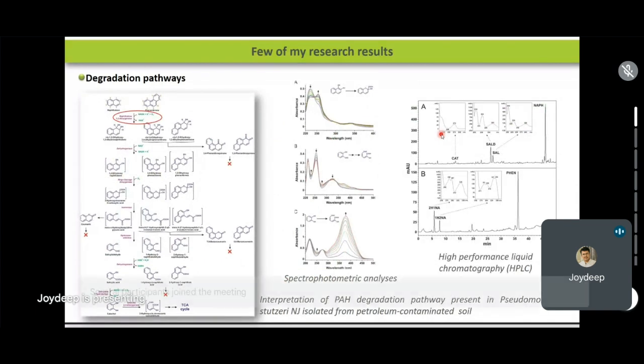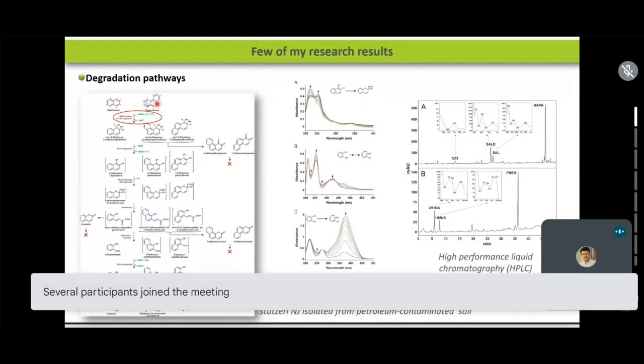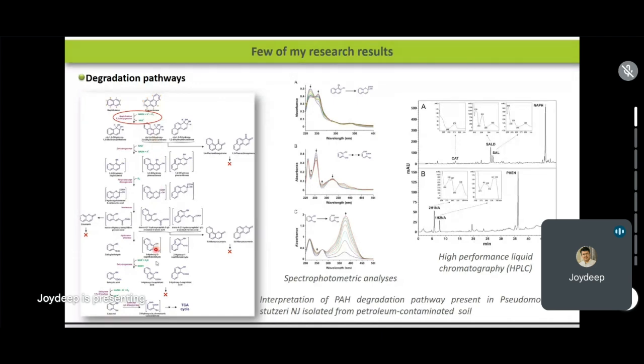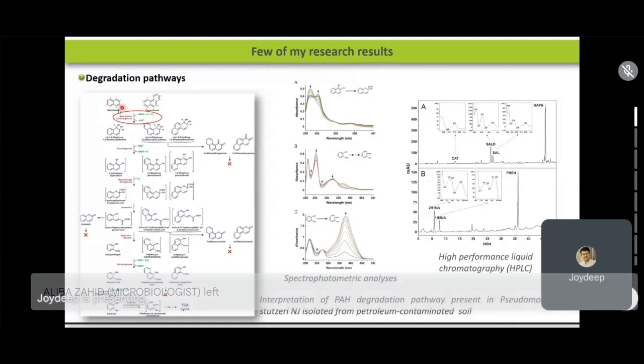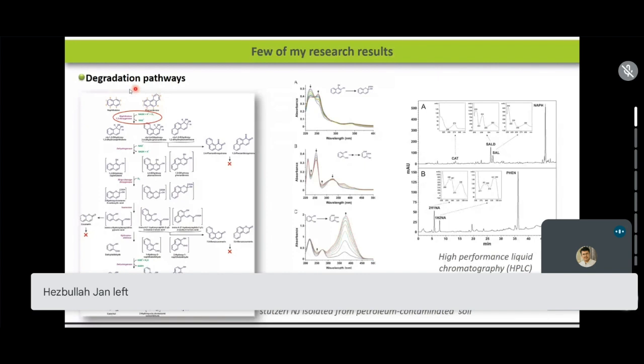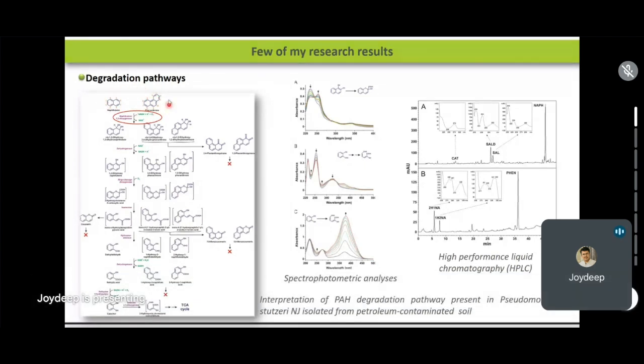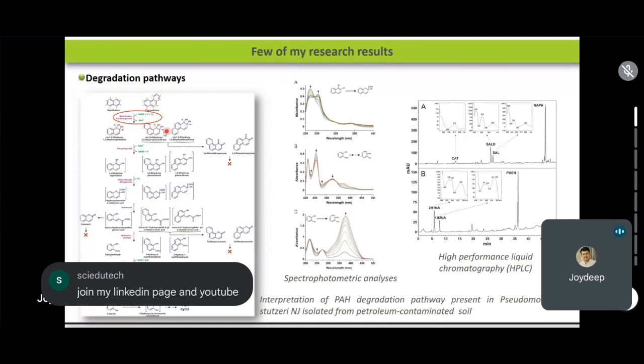Now, one thing I would like to mention here, this is encircled because, apart from studying the entire pathway, one of my prime research interests is the first gene, which is called the ring hydroxylating gene or Rieske oxygenase gene, because this is the first enzyme which is making the otherwise inert or very stable hydrocarbon a little bit hydrophobic, so that other downstream enzymes can come and act upon this.